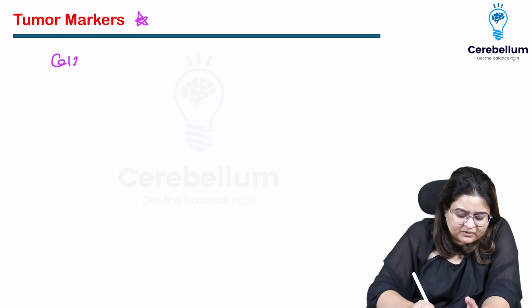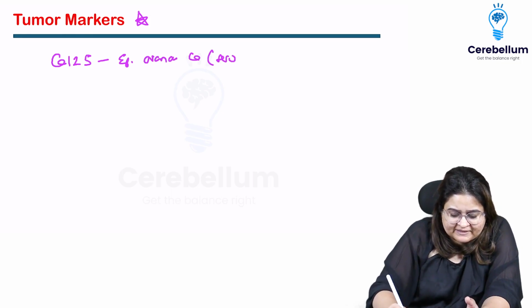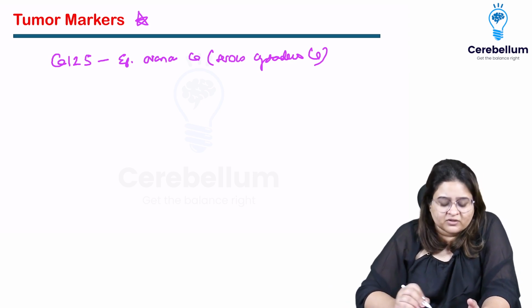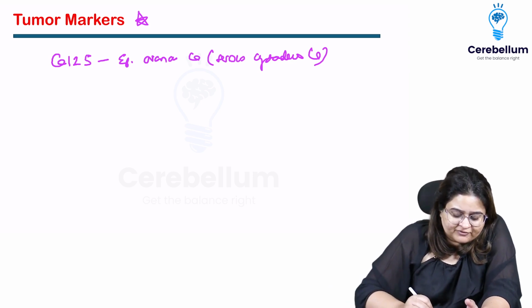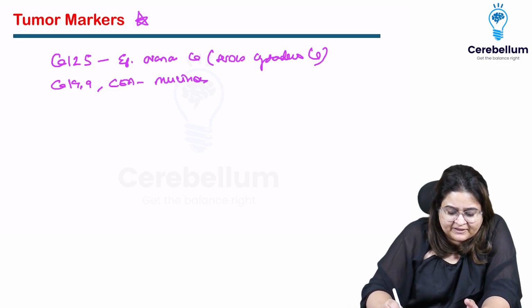So, we start with CA125. This is a tumor marker for epithelial ovarian cancer, commonly serous cystadenocarcinoma. That's why it's used as a marker for the RMI index also. Then we have CA199 and CEA. These are markers of mucinous cystadenocarcinoma.